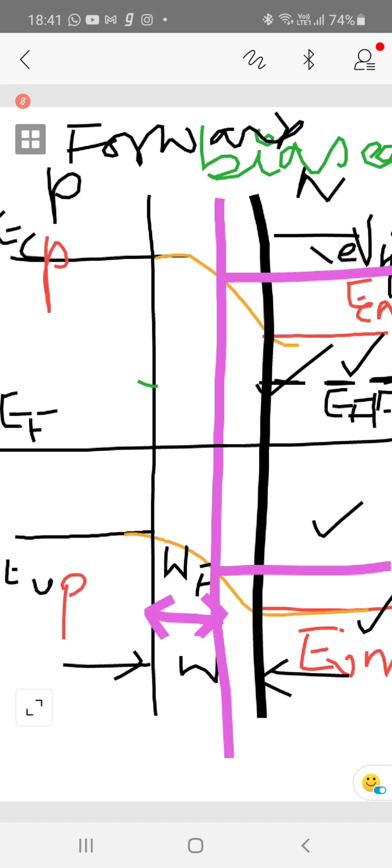In the book it's written EFN, I'm writing that so that it doesn't create confusion. Diagrams take a bit of time to explain. EFN has moved up, and this vertical level which was there becomes your EFP.